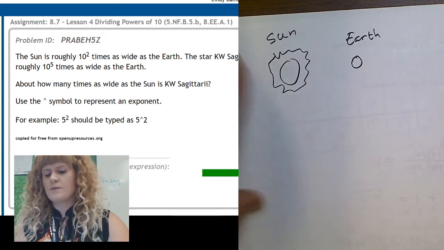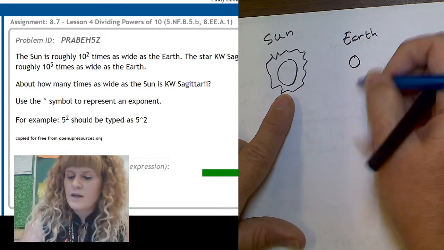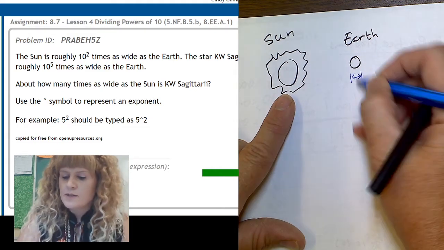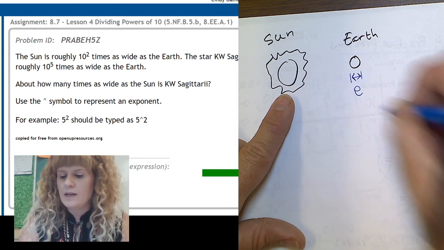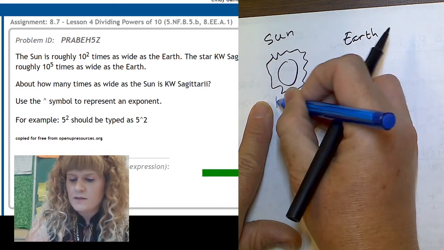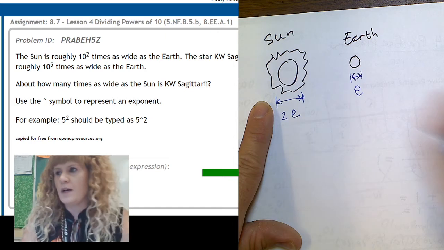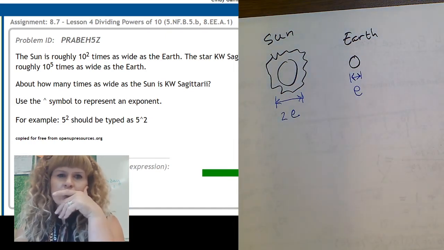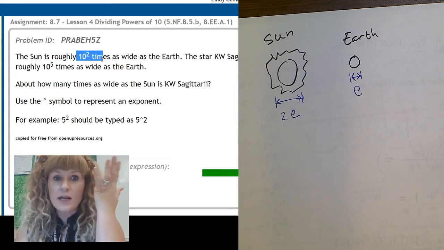Anytime I hear something like that, I want to draw my dimensions. So let's say the width of the earth is going to be E, and the width of the sun is 2E, because it's 2 times as wide. Oh, not 2 times as wide. No, 10 to the power of 2 times as wide, 100 times as wide.